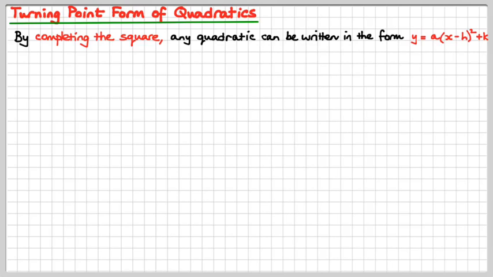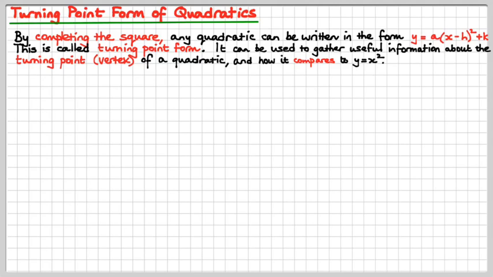So by completing the square, any quadratic can be written in that form. That is called turning point form after you've completed the square. Now, it can be used to gather useful information about the turning point or vertex of a quadratic and how it compares to y equals x squared, the original base model function.